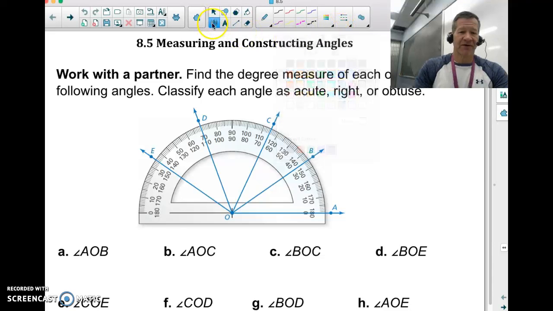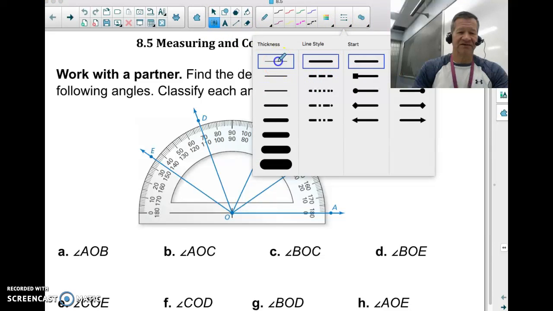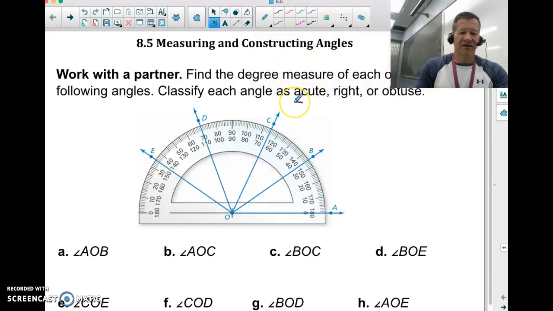They're defined as follows. If we have an acute angle, that means the angle is less than 90 degrees.